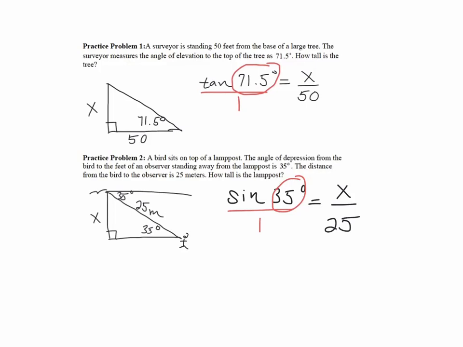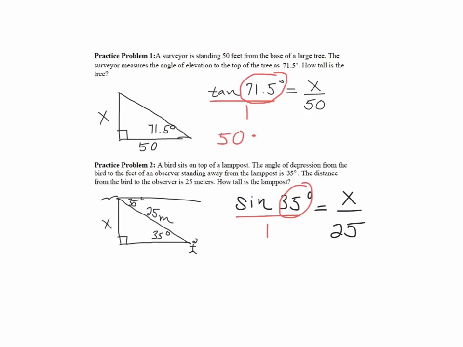All right, and then we solve. So when I solved the first one, I did basically 50 times the tan of 71.5 in my calculator, and I got my x value.